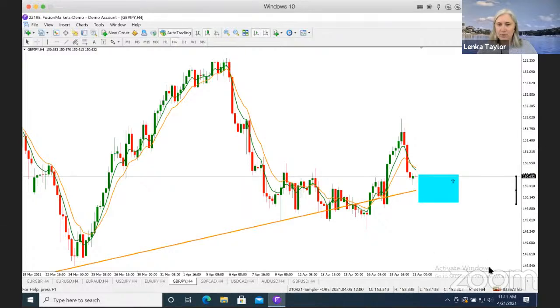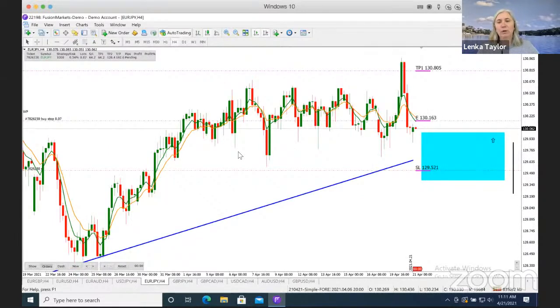Average crossover on H4. You use that for the H4? No. So on H4, usually the EMAs would actually be in the opposite direction, because the trend direction is identified on the higher time frames.